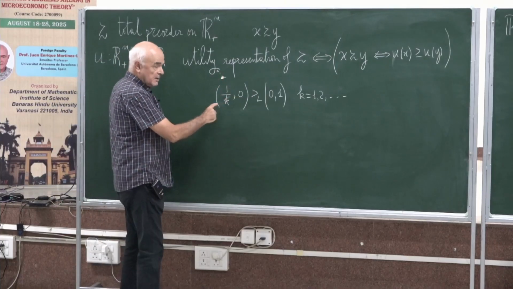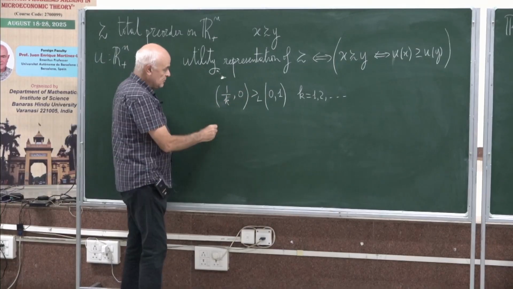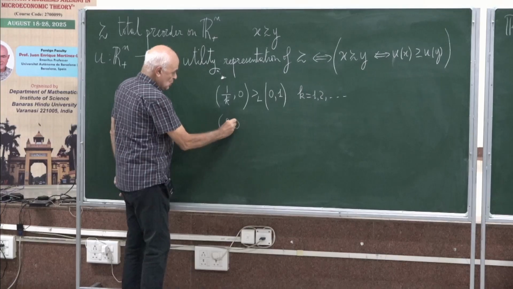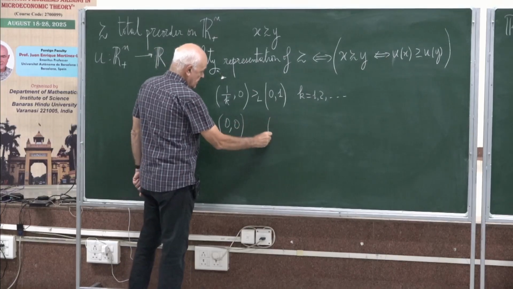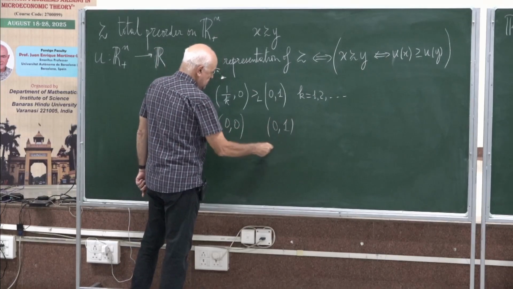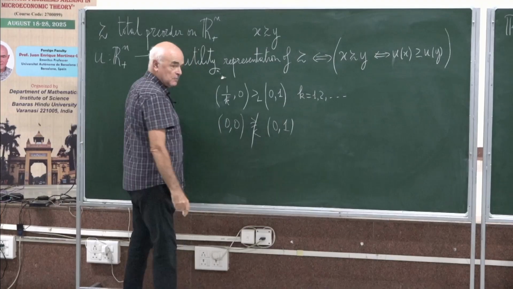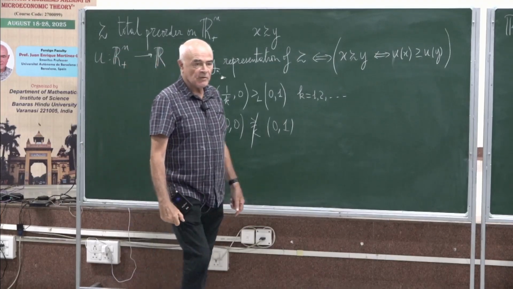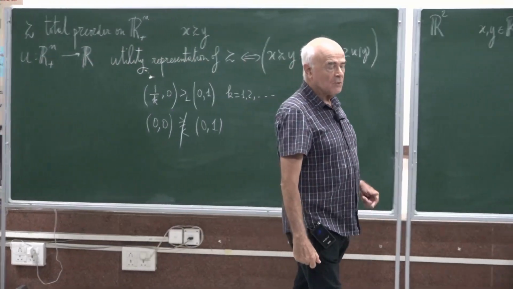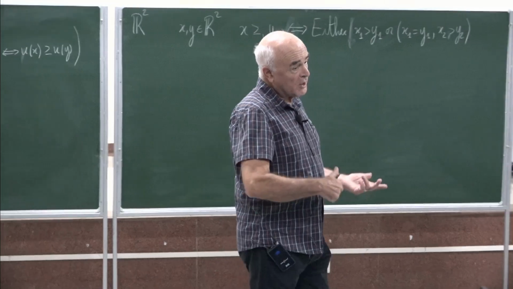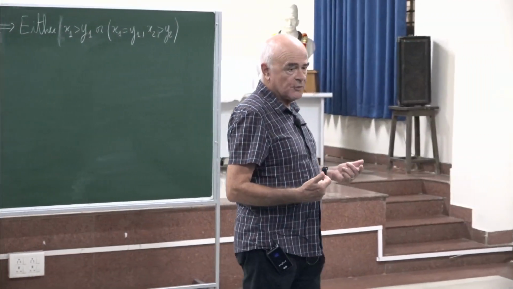But let us take limits as k goes to infinity. Then you get 0, 0. And here you keep 0, 1. And it's not true that this is lexicographically greater than or equal to 0, 1, because now you have to look at the second component, because the first components are the same.